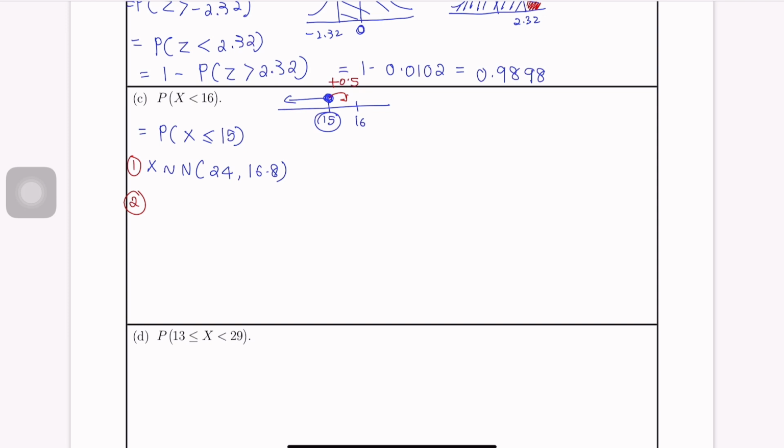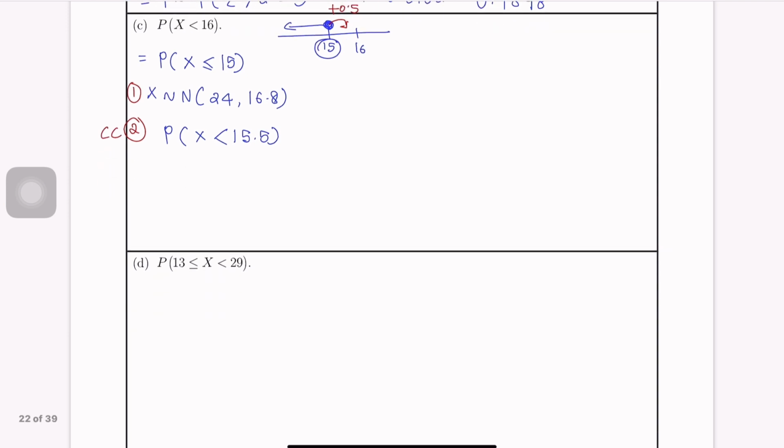So that means if we do CC here, we have probability X less than, I think I should change it to blue, probability X less than, so 14.5 or 15.5? Yes, 15.5 because we need to add 0.5. Then the third step, can you remember the third step?